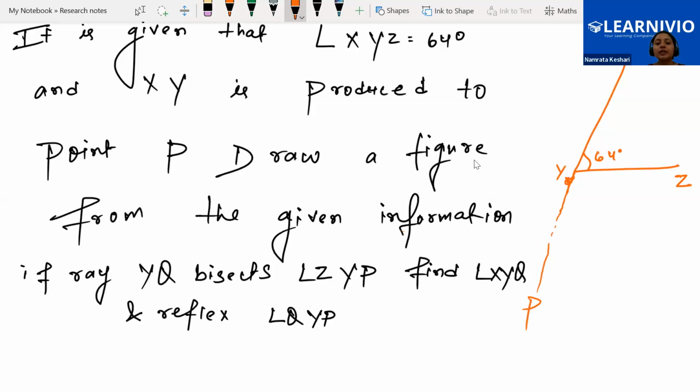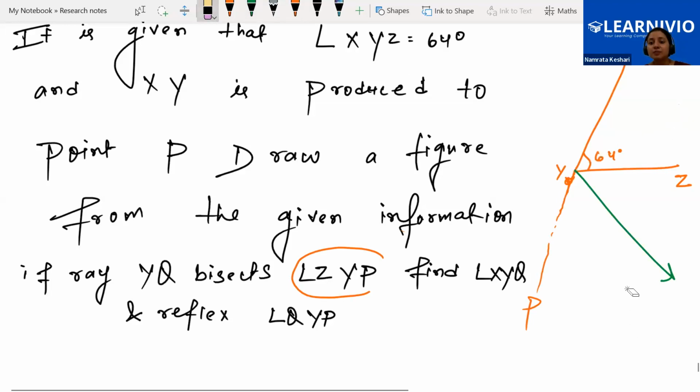Maybe here YQ is there. We don't know. But here it is written that YQ is bisecting which angle? Angle ZYP. So YQ is here.